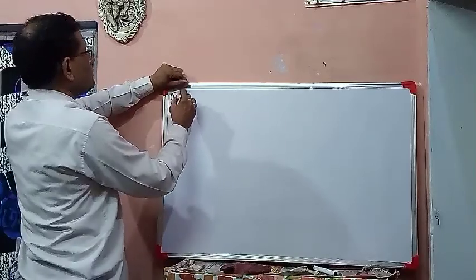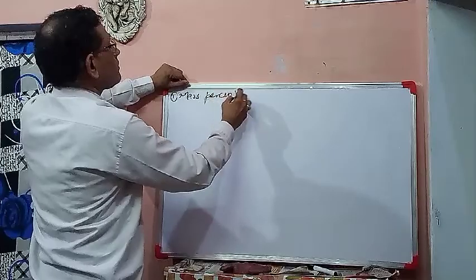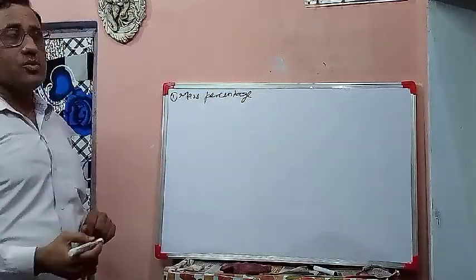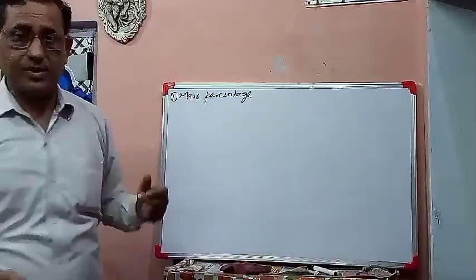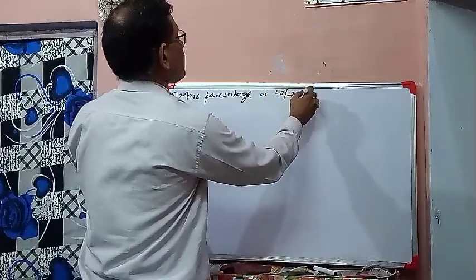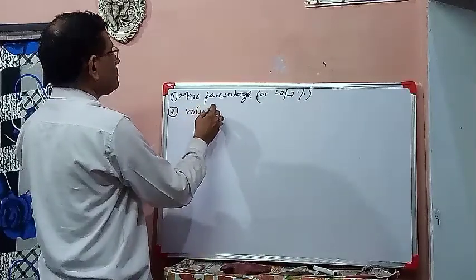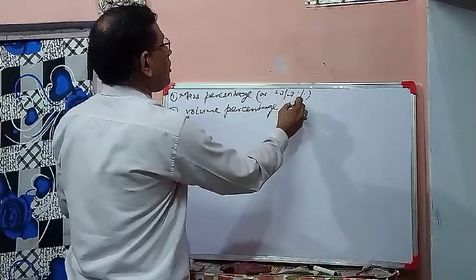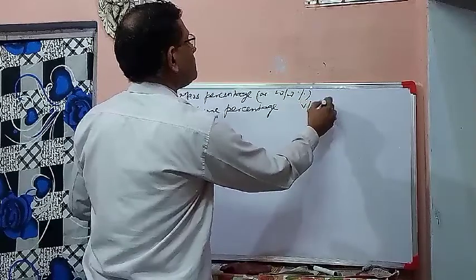The first number, mass percent, also called W by W percent. Next, volume percentage, or V by V percent, meaning volume by volume percent.